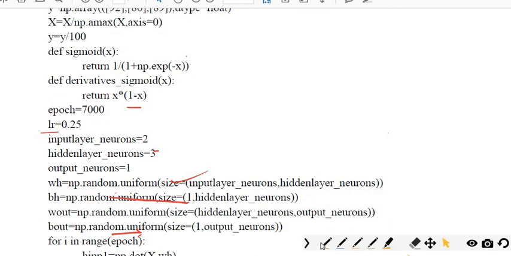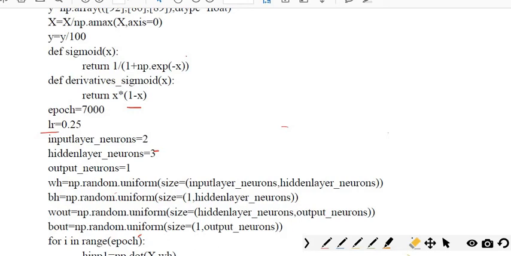Here the learning rate we have taken is eta. I have already discussed the learning rate eta, which is nothing but a constant value. Here we have taken it as 0.25. You can also take it as 0.1. It is left to you, and it should be a very small constant value. So please remember this: learning rate, that is eta.